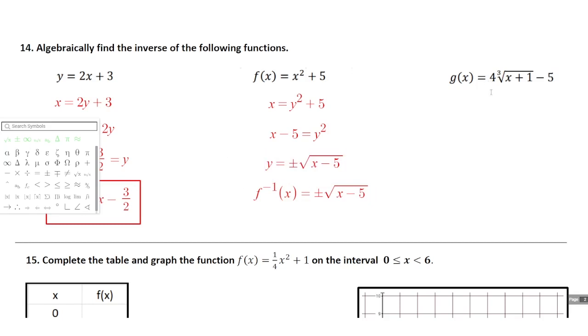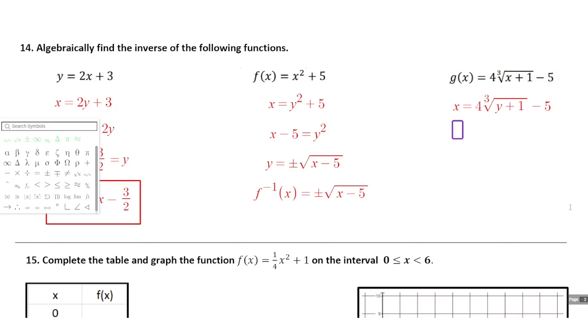Okay, the next one. Start off the same way we started all these, by swapping x and y. Then we're going to add 5 to both sides.